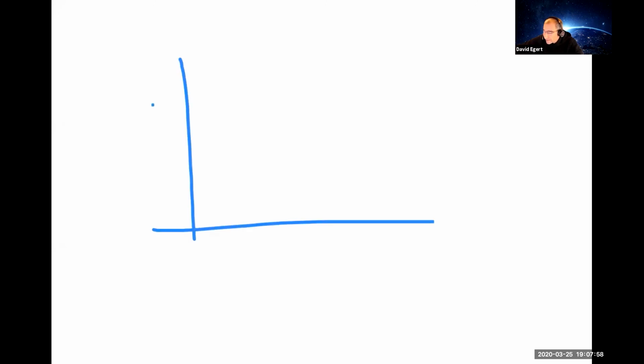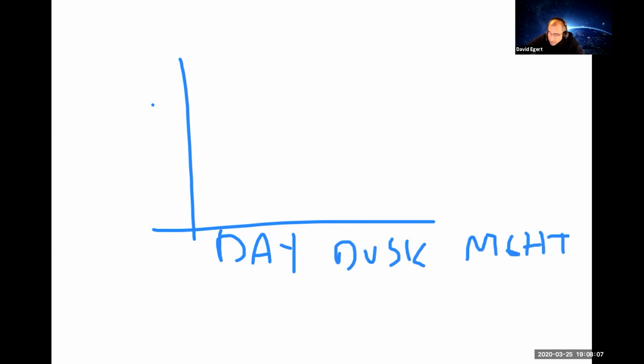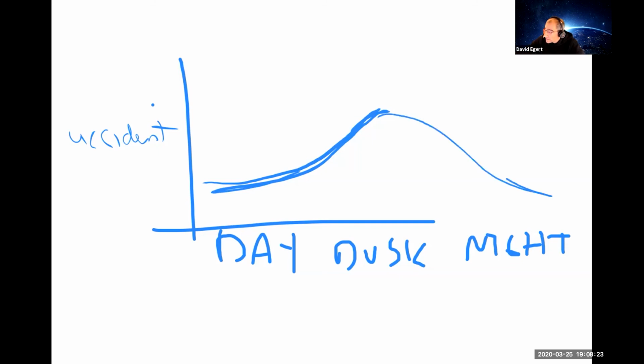But basically that idea that day, dusk, night versus accidents. It makes sense that you're going to have more accidents as you get into dusk, because as light goes down, your reactions are slower, you're more likely to actually hit something. Why do you think it makes sense that it tends to come down again at night versus just dusk?